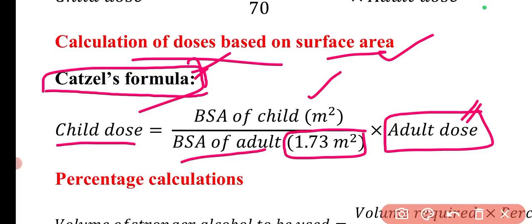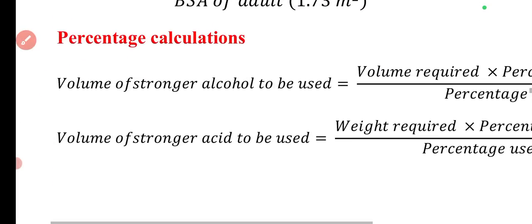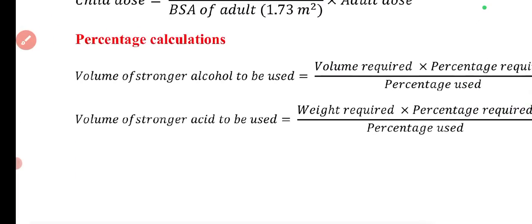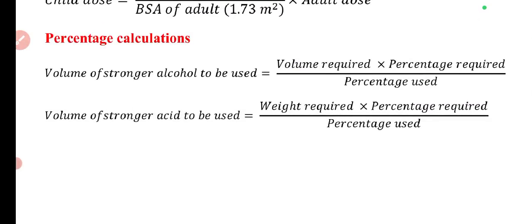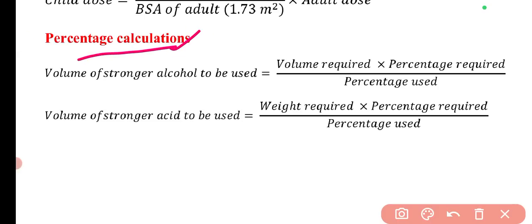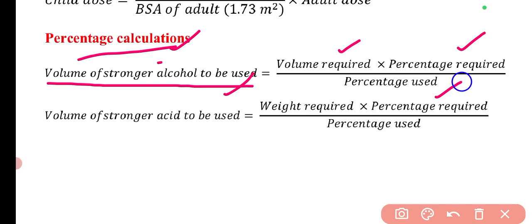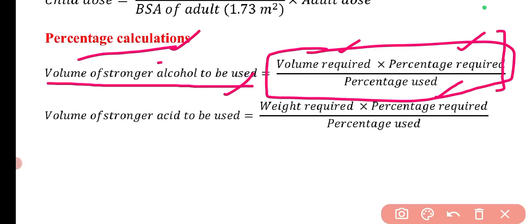Now we can move to the next formulas, that is the percentage calculations. If you need to calculate the volume of stronger alcohol to be used, the formula is volume required multiplied by percentage required divided by percentage used. This is quite simple, as all these values are given in the question.